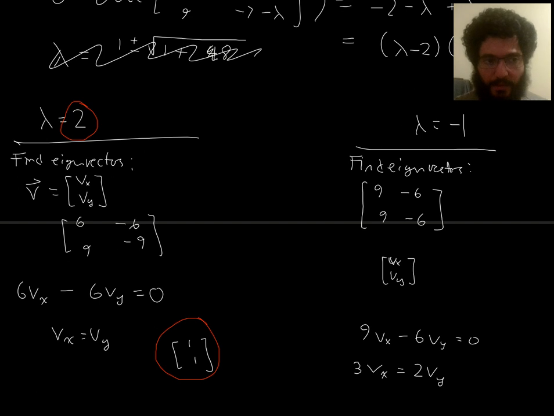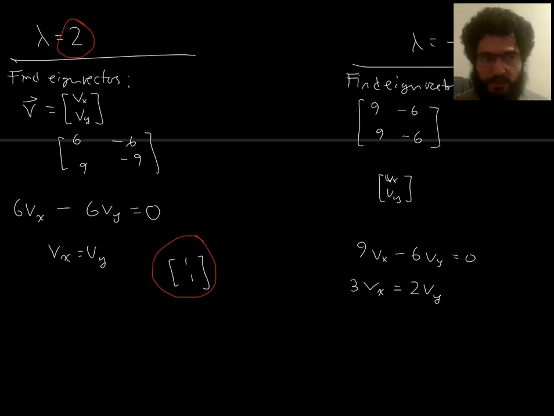So what's a good vector Vx, Vy that satisfies this equation? I could go ahead and solve for one in terms of the other, then I'll get either a 3/2 somewhere or a 2/3 somewhere, depending on which one I solve for. But I could also avoid fractions altogether by finding the following solution.